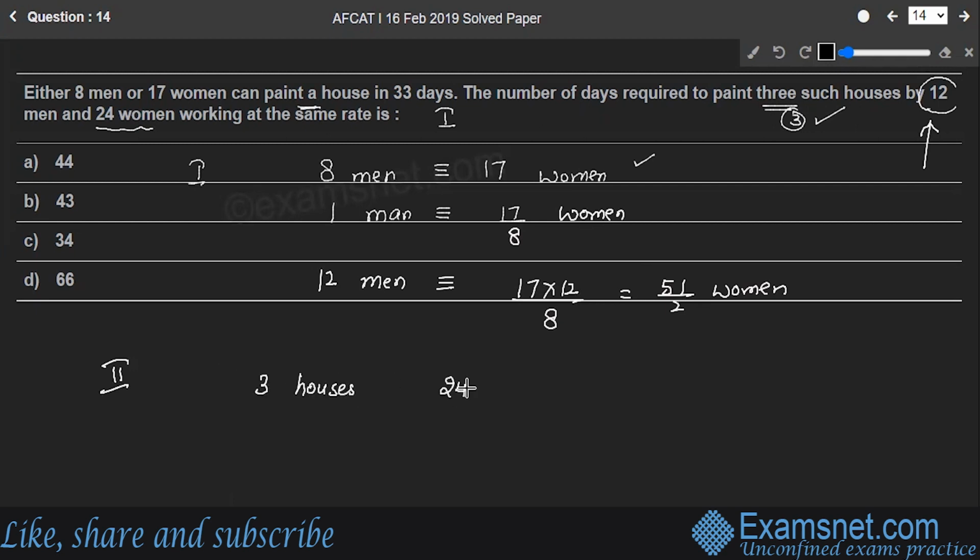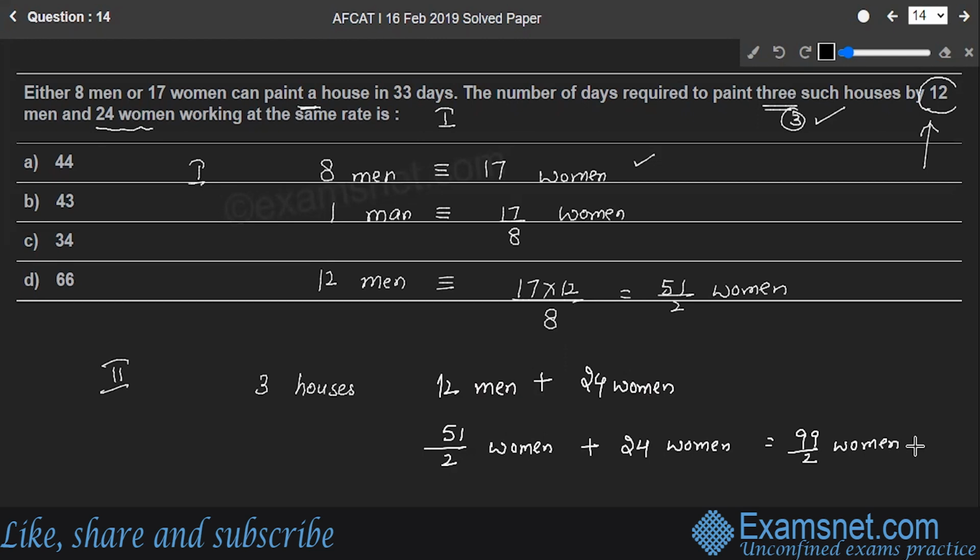Plus, people involved are 12 men plus 24 women. 12 men were equivalent to 51 by 2 women. And here I have 24 women again, which is equal to 99 by 2 women, right?